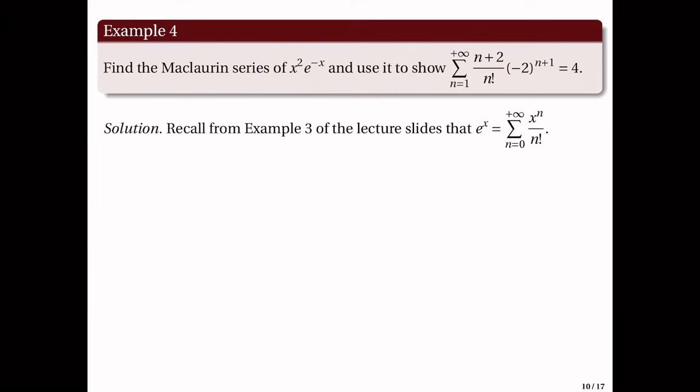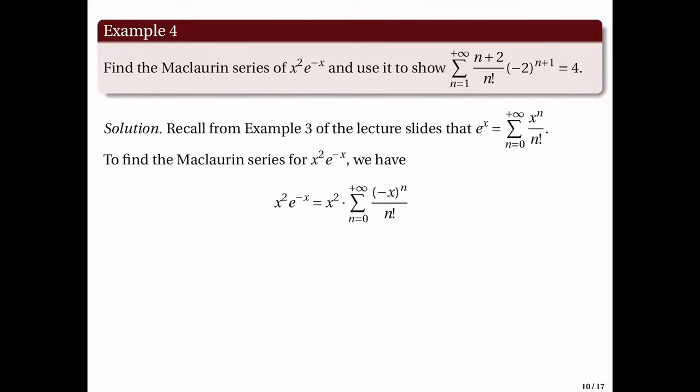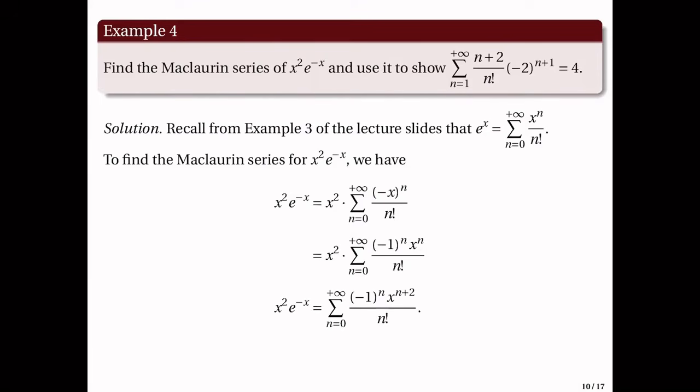So ang gagawin lang natin, yung x dito, gagawin natin negative x. So ganun din yung gagawin natin sa right-hand side. And then we multiply both sides by x squared. Okay? So doing that, we get this Maclaurin series for x squared e to the negative x. So now, we will use this to show that this equality holds.